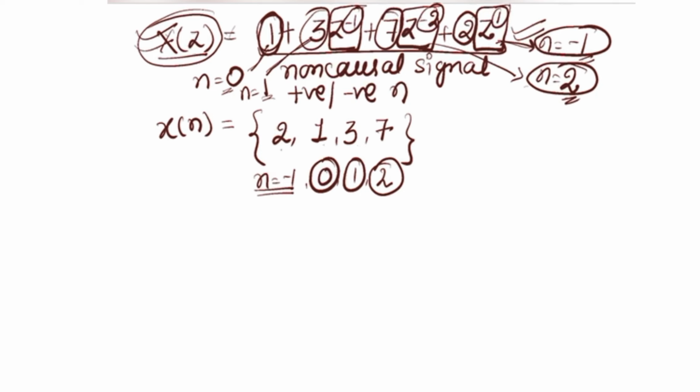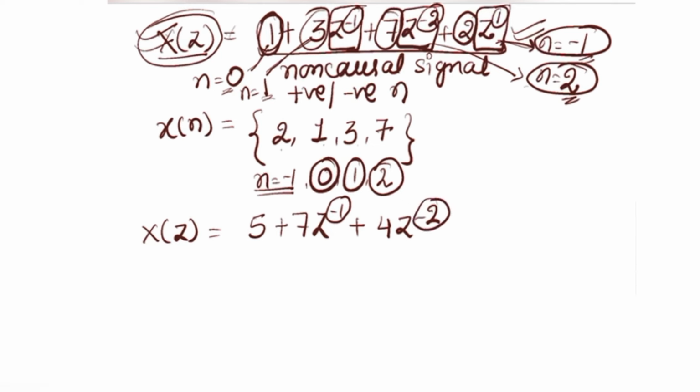So we will take another example. Suppose the Z transform is given as 5 + 7z⁻¹ + 4z⁻². Now as we can see, we have only negative powers of z, so the signal is a causal signal or right-sided signal. This is a right-sided sequence.